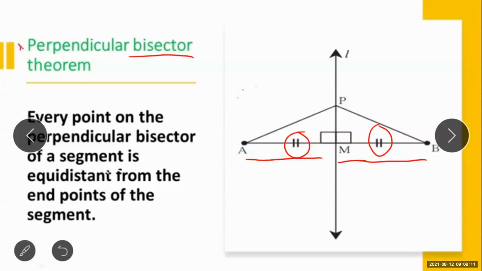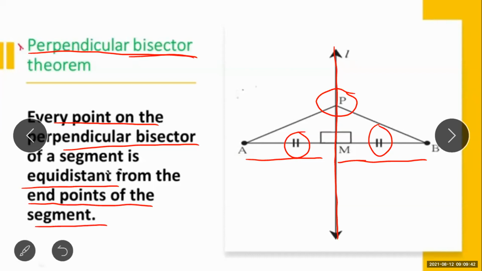So the property regarding the perpendicular bisector of a segment. Now what is it? That every point on a perpendicular bisector, suppose I have taken a point P on this perpendicular line L, is equidistant from the end points of the segment.